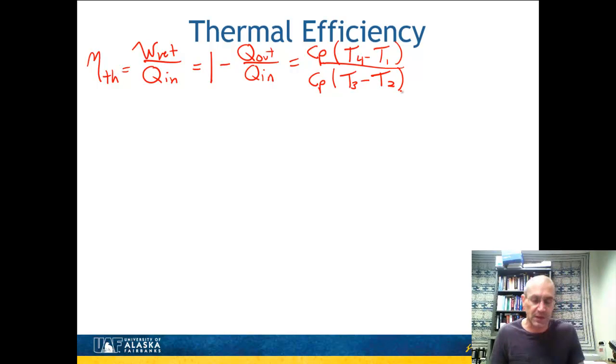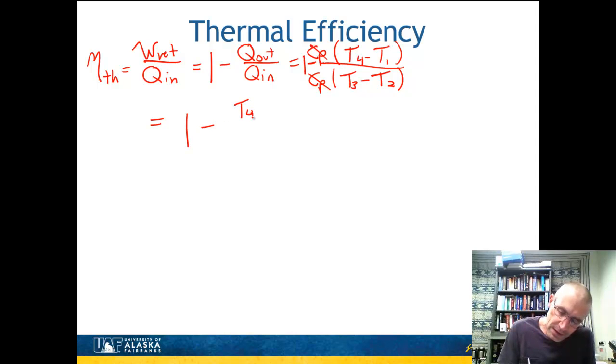So we have a somewhat simple equation, and it's going to look a lot like what we had for the Otto cycle. I wrote 1 minus those terms, and the Cp's cancel out, so I've got 1 minus T4 minus T1 over T3 minus T2.